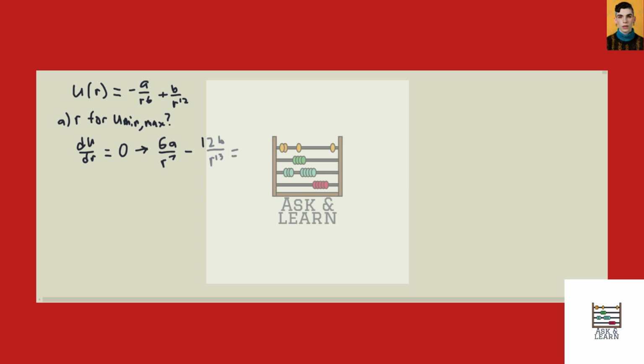We want that to equal 0, and if we solve that, we will find that it occurs at R equals the 6th root of 2B over A.